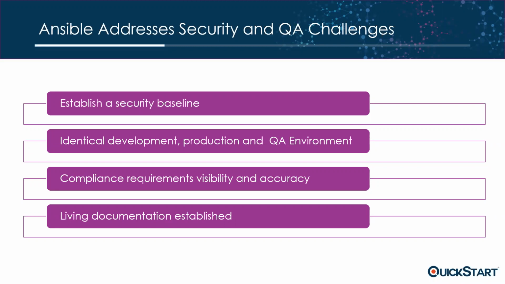And what this means is that as systems evolve, so does the documentation. This is another important issue that we have in the organization. Sometimes the coding is moving faster than the documentation.